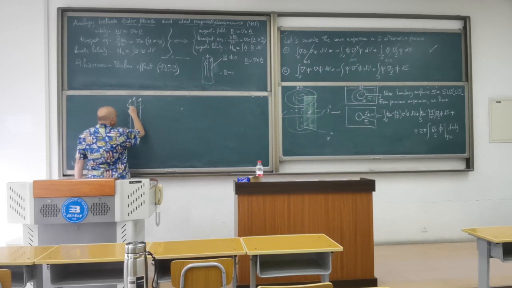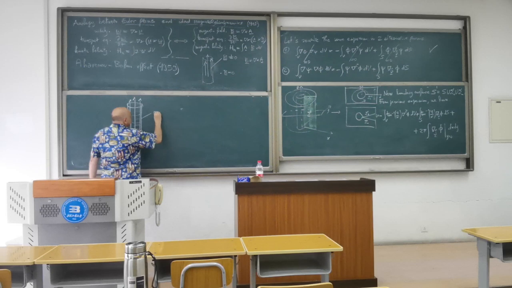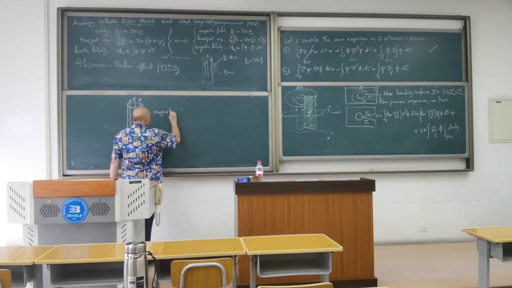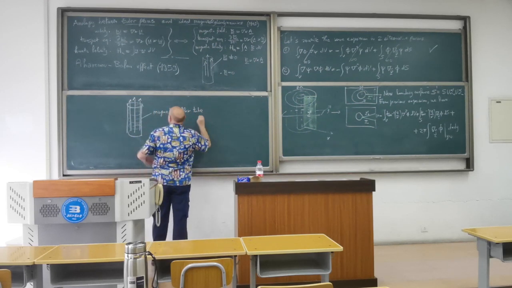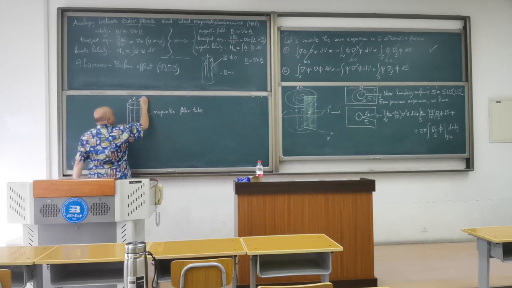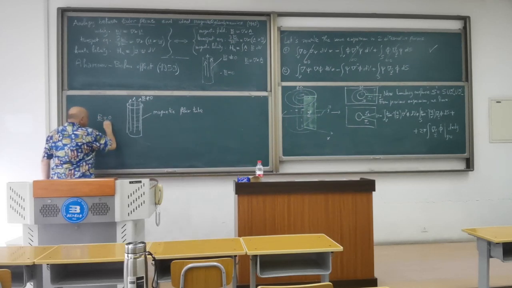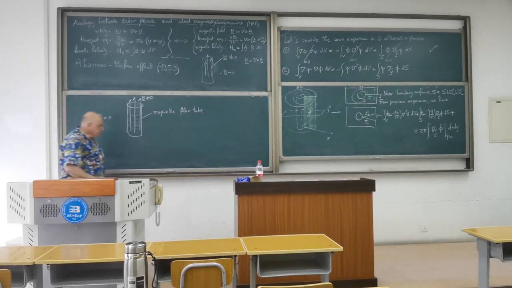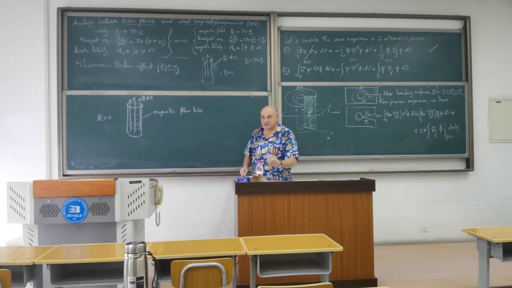So the end result is a magnetic flux tube. What's a vortex? Where the B lines are different from zero here, and B is exactly zero outside. If you induce a high current, then the field is totally confined there.